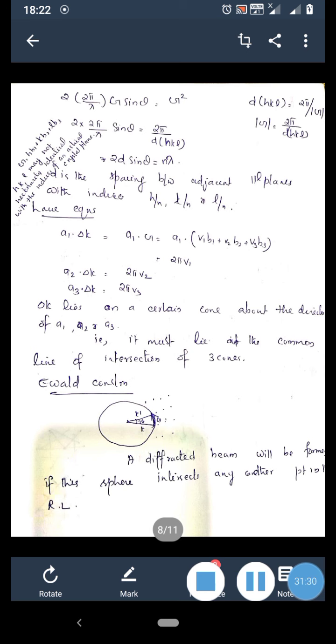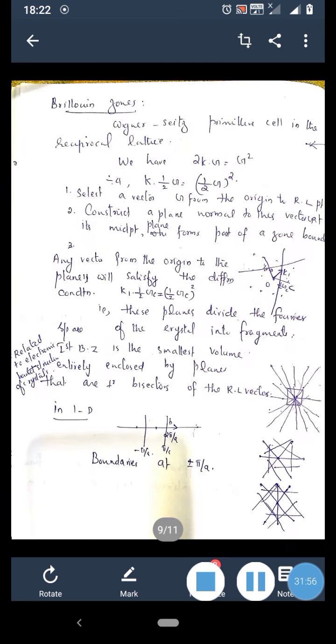Mark the angle theta from the end of k dash to this k, extended to a point on the back side of the sphere; then that angle will be theta. So if a particular wave vector is incident at a particular angle theta, then that wave vector can produce a diffraction if this condition is satisfied. That is the construction made by Ewald.